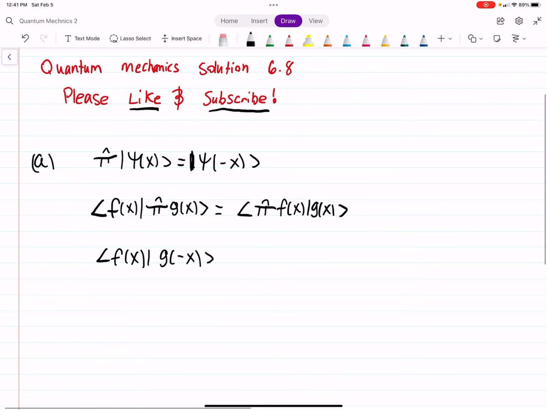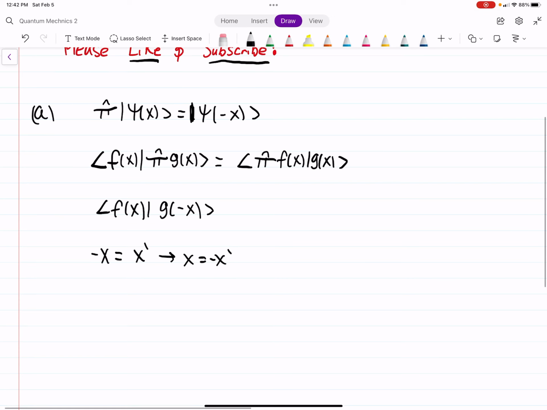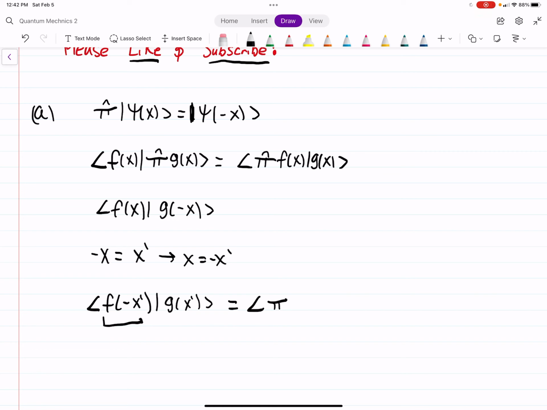And what we can do is a substitution where we let x prime equal minus x, or x equal negative x prime. It's just a dummy variable, so it doesn't actually matter what you call it. So if we do that, then we have f of minus x prime, g of x prime. But this part, that's just parity operating on f of x prime.